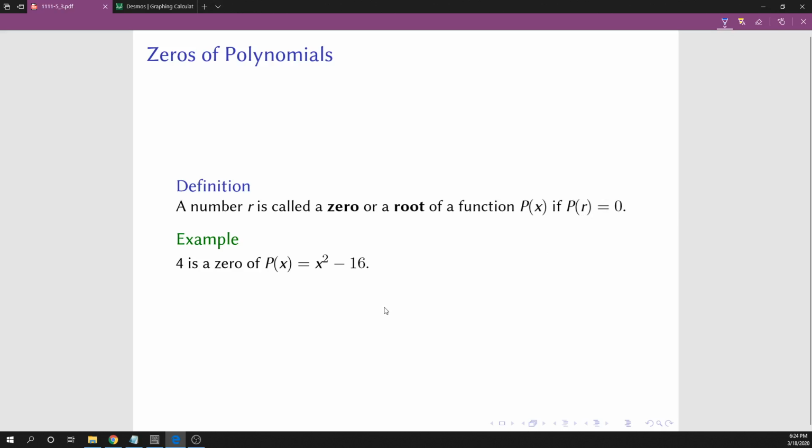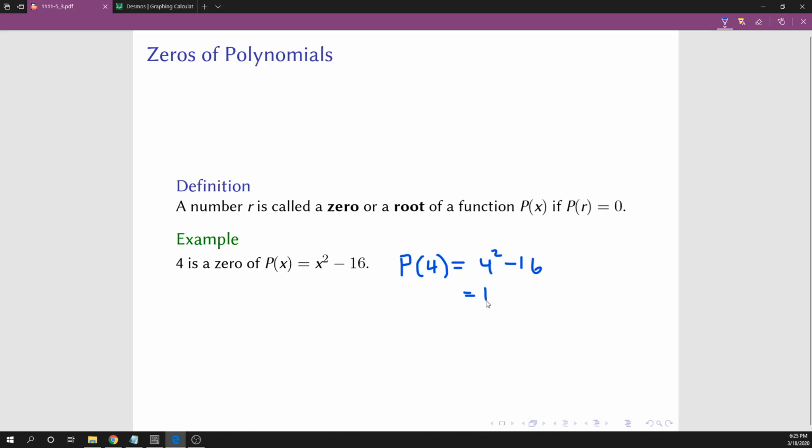The example here is that 4 is a zero of the polynomial p of x equals x squared minus 16. How you check is just to plug 4 in and see what you get. If I plug a 4 in, I get 4 squared minus 16.